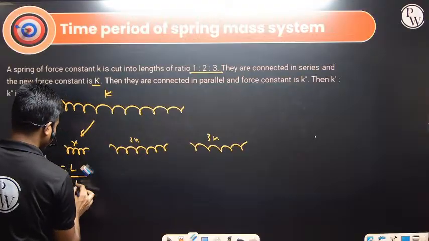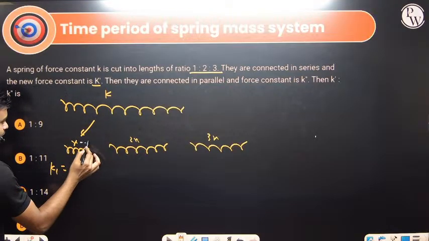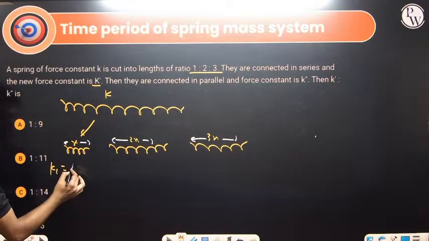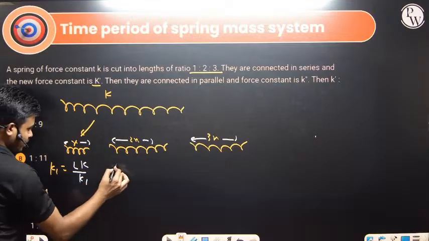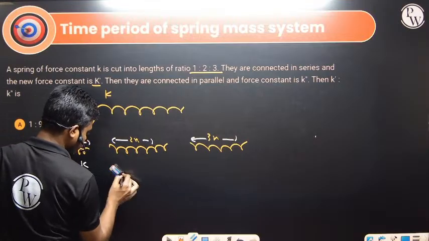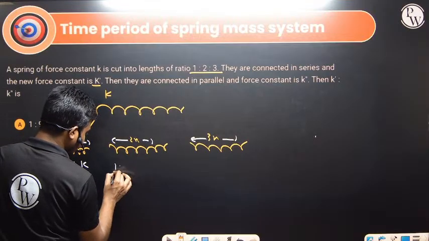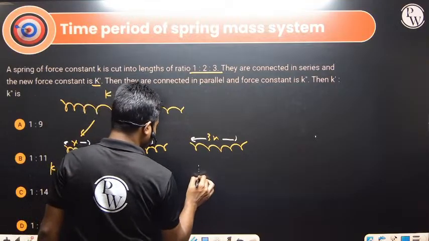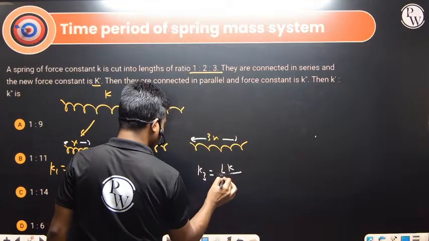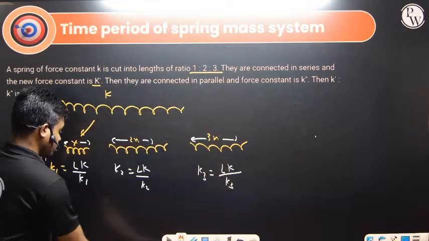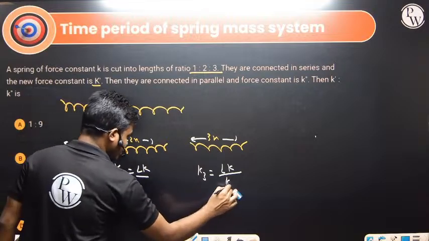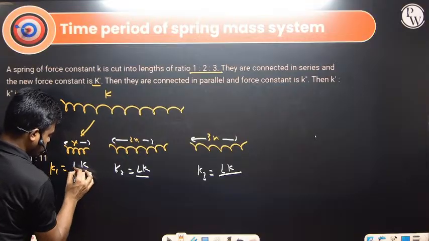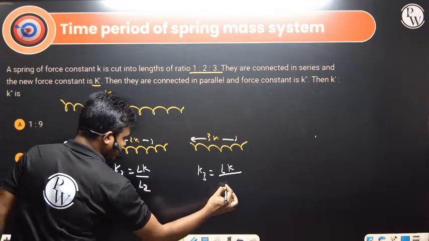So K1 is 6k divided by x, K2 is Lk divided by L2, and K3 is Lk divided by L3.